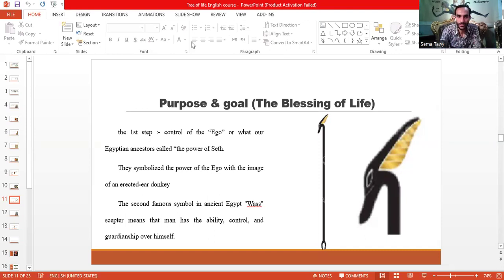This scepter in ancient Egypt they called was, W-A-S-S. And this word entered the Arabic language under wisaya.